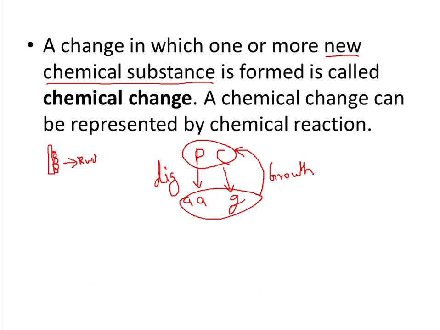Now you would have seen degradation process. Like if you're moving on a road and you see a dog is dead over there. After a few days, if you go, you will find out only its skin is there and its bone are there. The remaining part is disintegrated. So what happens in that process?